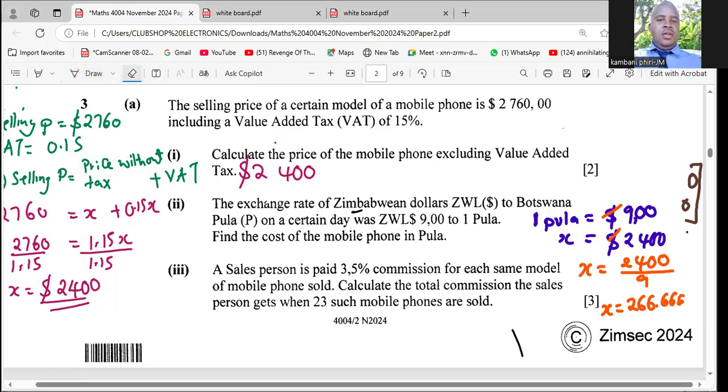So we can round off this now to 2 digits, since we are dealing with currency. So we have got 67. This is what you are going to get. Pula here. So here you have got P266.67.